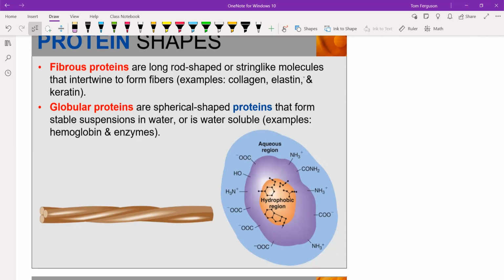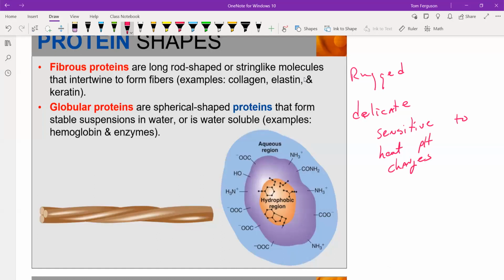Fibrous proteins tend to be very rugged. Globular proteins tend to be very delicate. What I mean by delicate is that they're sensitive to heat and pH changes.